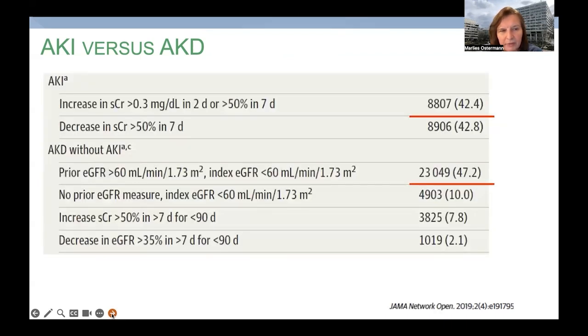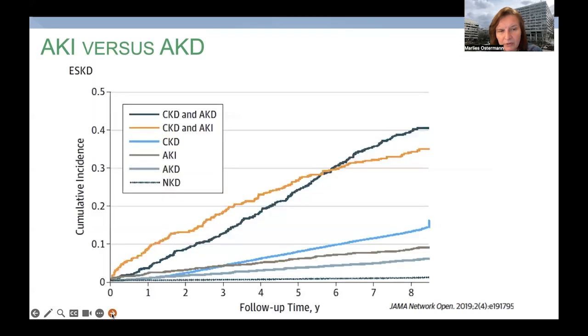Now, importantly, they showed that acute kidney disease without evidence of acute kidney injury was actually more common than acute kidney injury itself. And what's even more important is that patients with AKD had a much higher risk of developing end-stage kidney disease or dying prematurely compared to patients with no kidney disease.